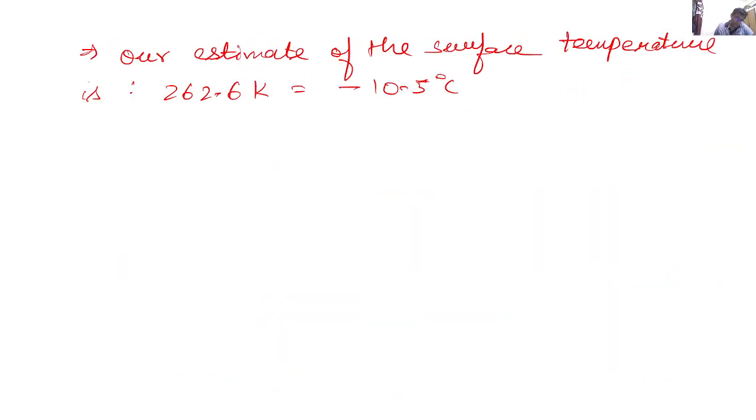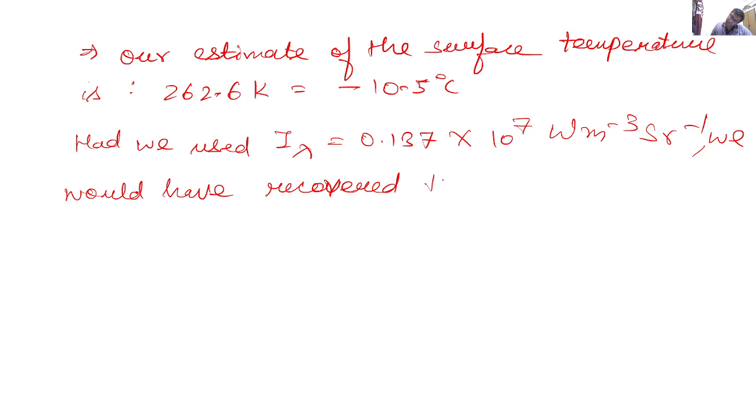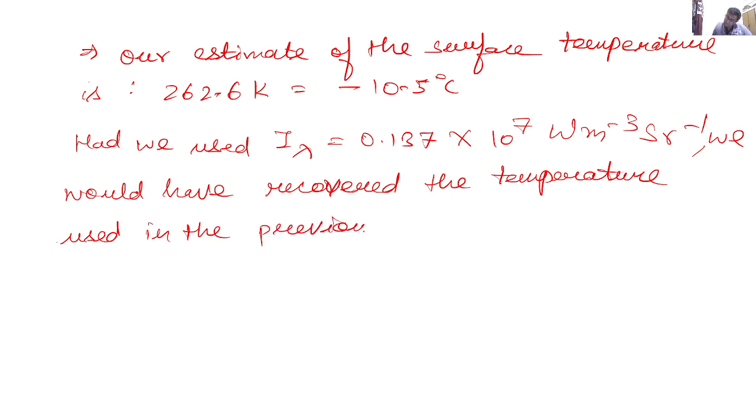Now, had we used I lambda equal to 0.137 into 10 power 7 watts per meter cube per steradian, we would have recovered the temperature we used in the previous example. That was T is equal to 213 kelvins. That was minus 60 degrees Celsius.